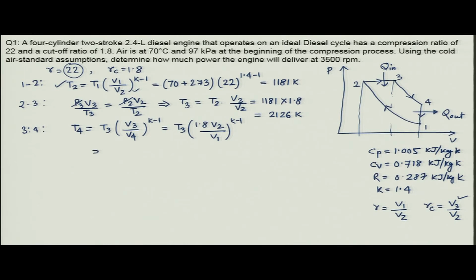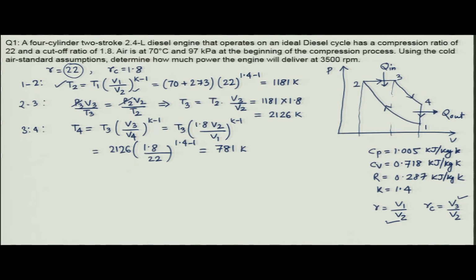So, I can write 2126 multiplied by 1.8 times V2 upon V1, and V2 upon V1 is 1 over R, that is the compression ratio, 22. So finally, we get T4 as 781 Kelvin.